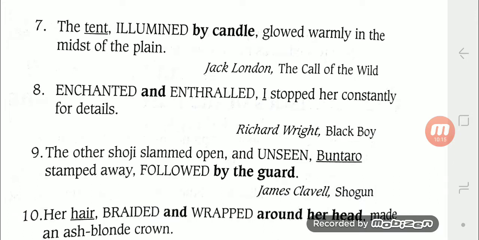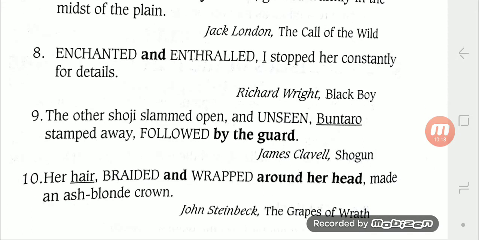Enchanted and enthralled, I stopped her constantly for details. The other shoji slammed open, and unseen, Buntaro stamped away, followed by the guard. Her hair, braided and wrapped around her head, made an ash blonde crown. So that's a different little variation that uses the same principle.